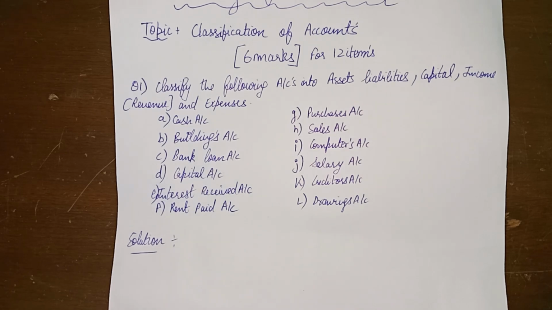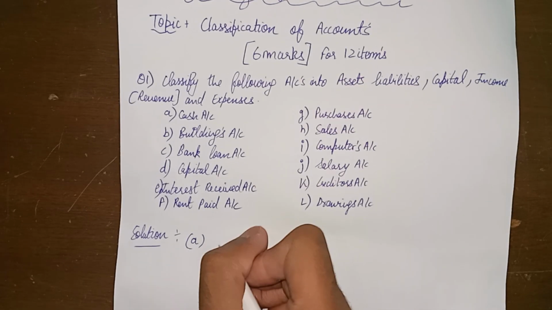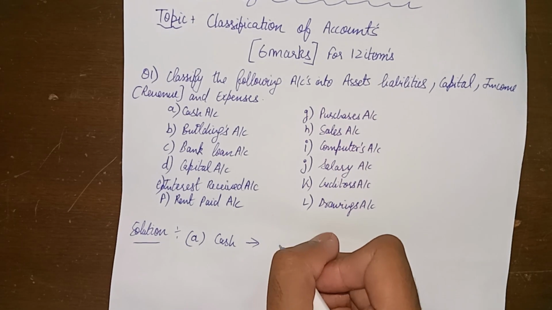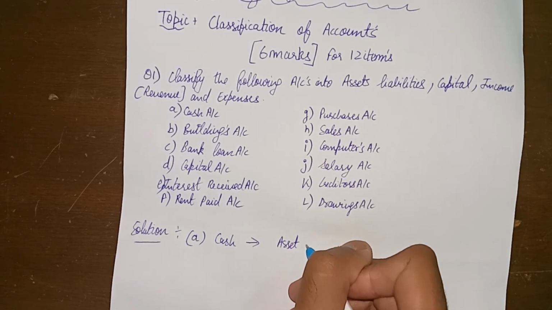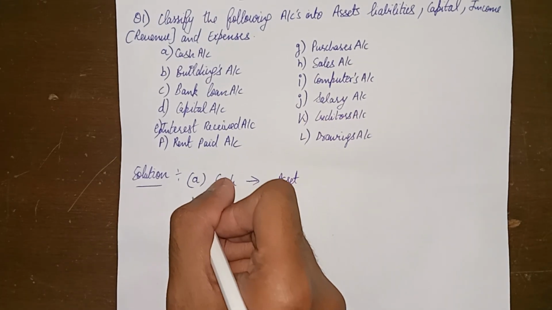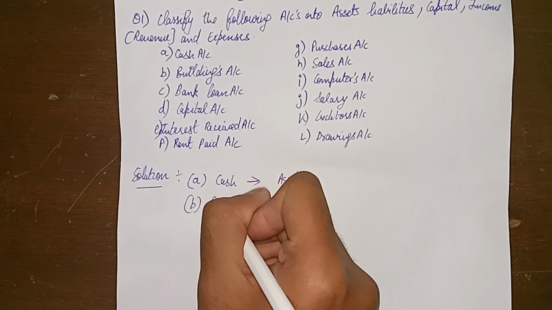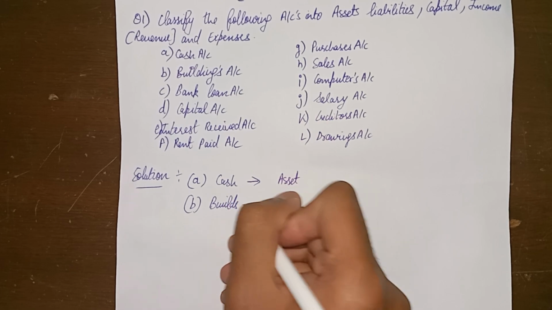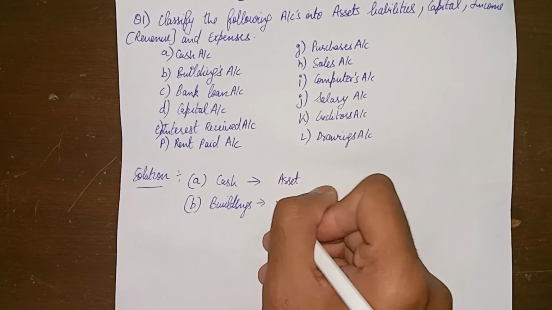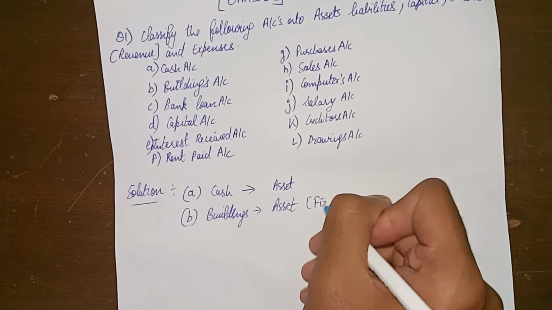Okay guys, first is cash. We'll write like this: cash. What is cash? Cash is an asset. Okay, like this we'll write. B, what is buildings? Buildings are assets. What type of assets? They are fixed assets.